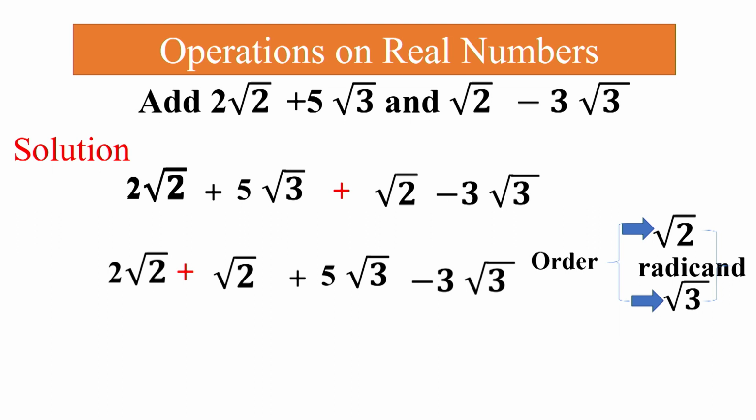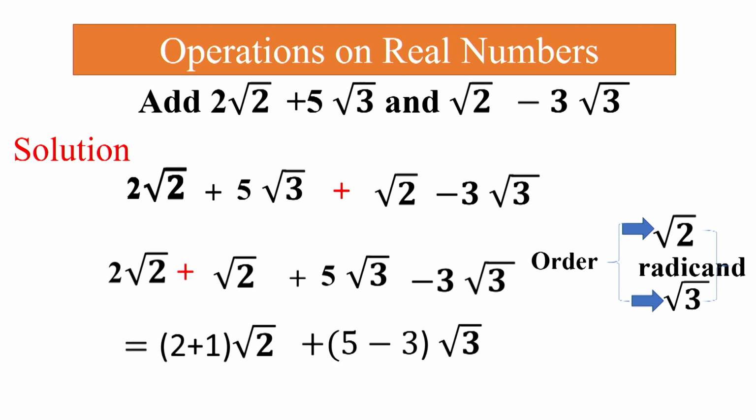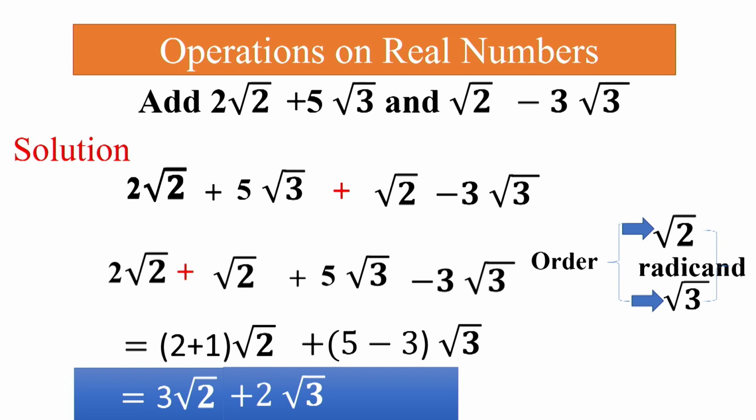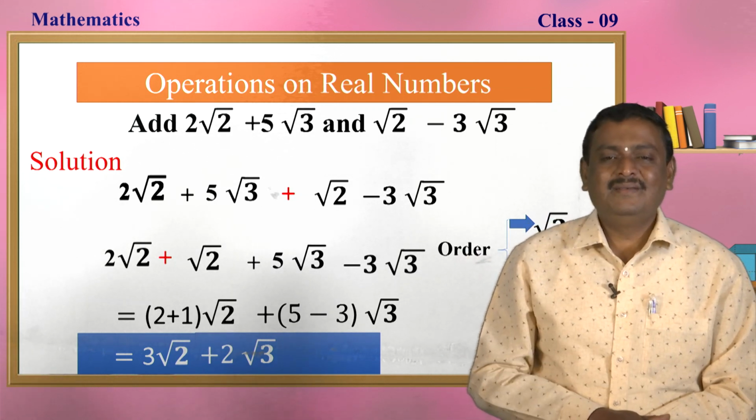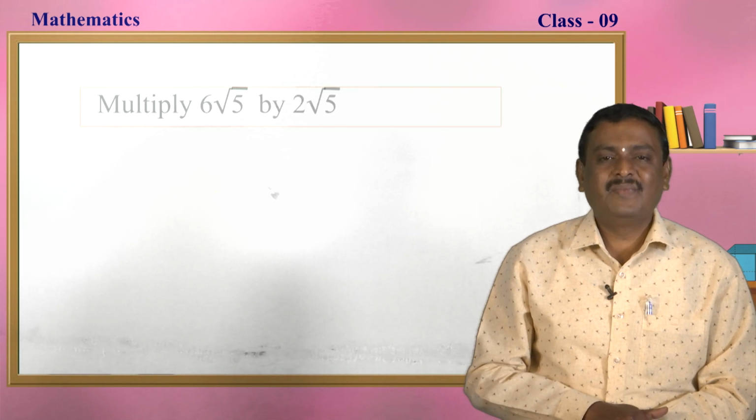In the second group, root 3 is common. So take root 2 common in the first one and root 3 common in the second one, and simplify. We get 2 plus 1 is 3 root 2, plus 5 minus 3 is 2 root 3. This is the answer, my dear students. How is it? Okay, please note down. Let us move on to the next one.